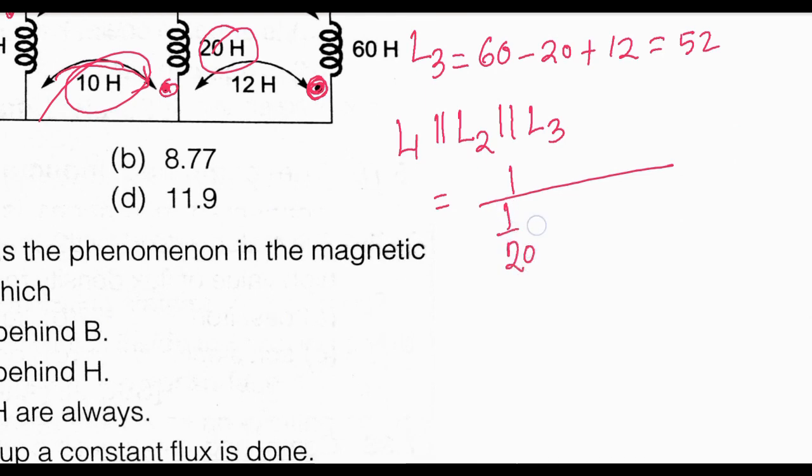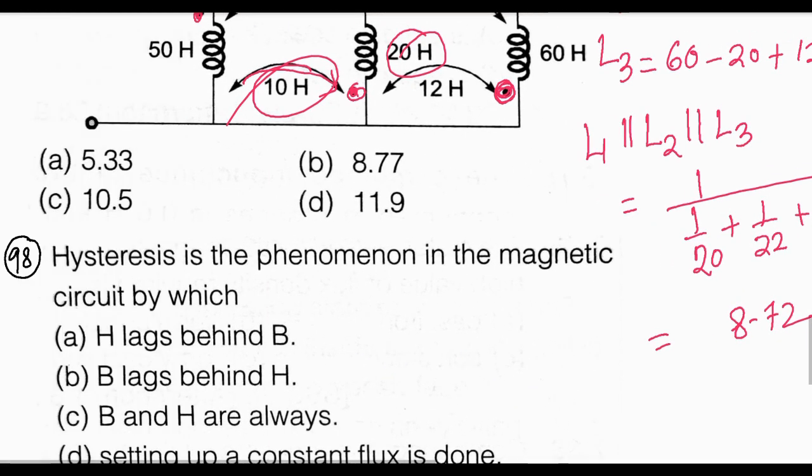So this will be 1 by 20 plus 1 by 22 plus 1 by 52, and this will be equal to 8.72. So 8.72 is the answer, and here given that 8.77, so B will be the answer.